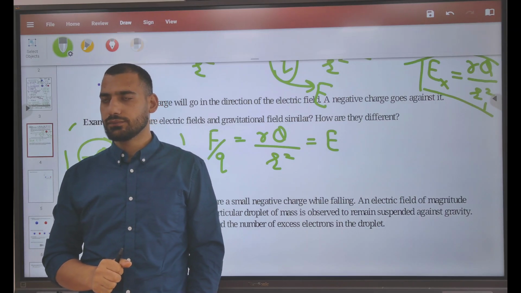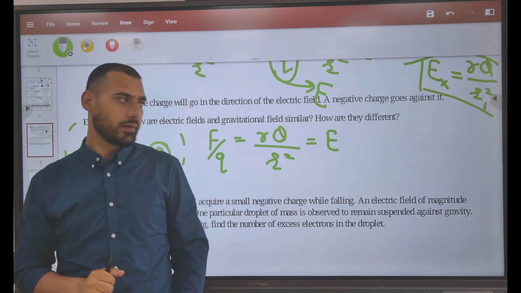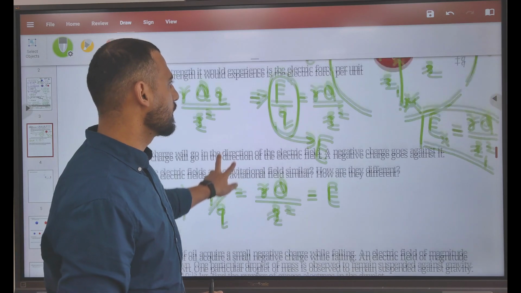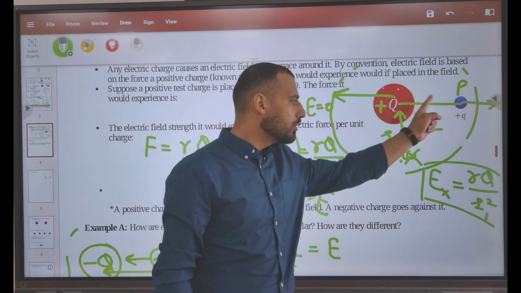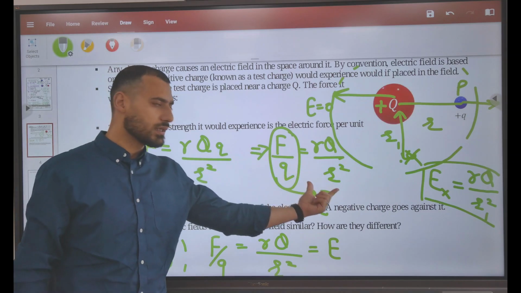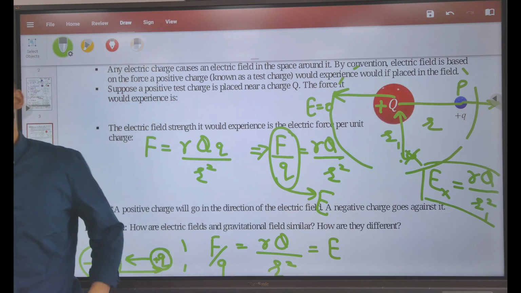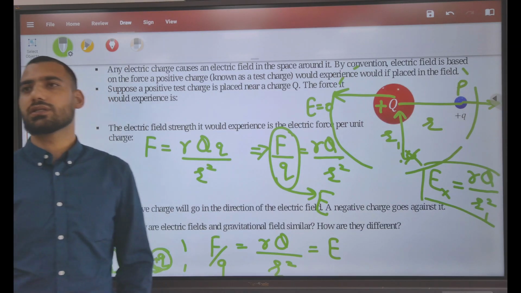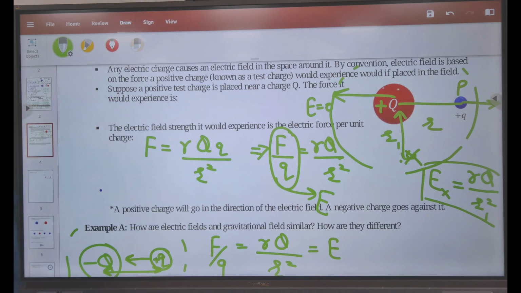Okay? Full stop. Just write this diagram. Show this diagram first. Plus Q, then small plus Q, and then we calculate this, and this is electric field. Write this down, because the expression is important; we have to solve the numericals.